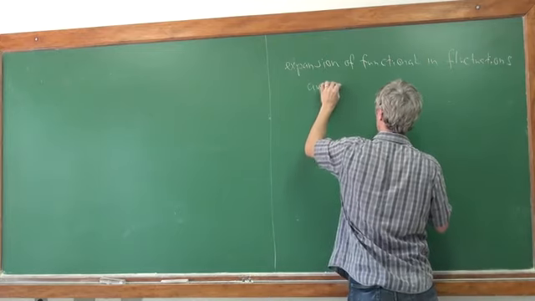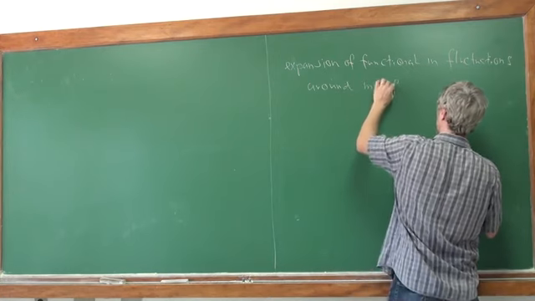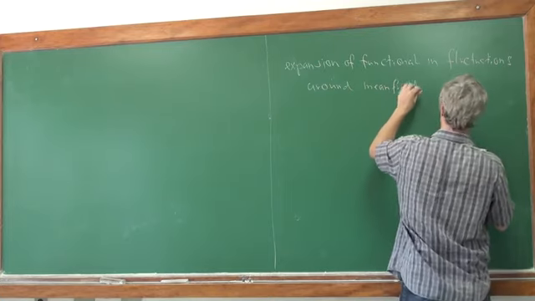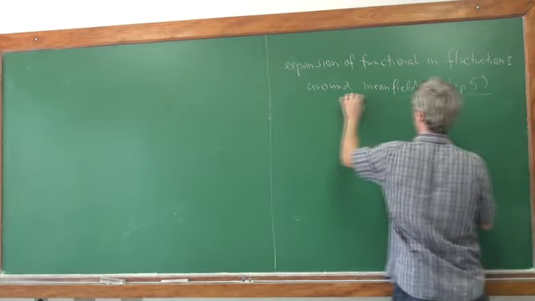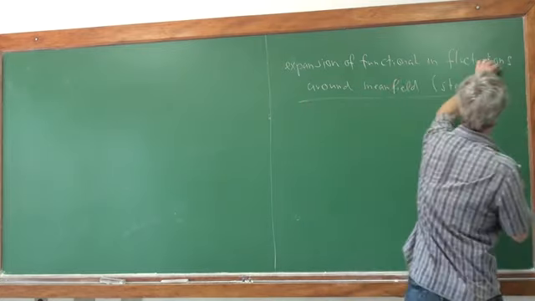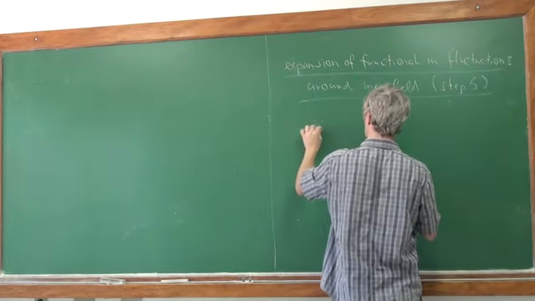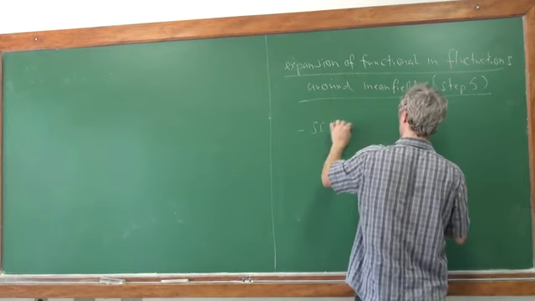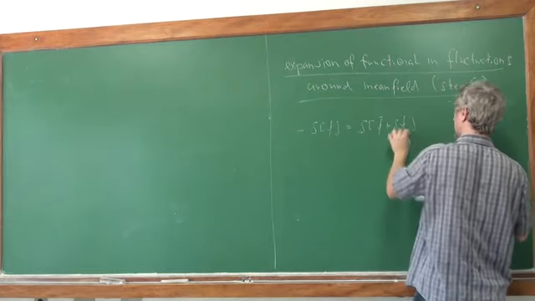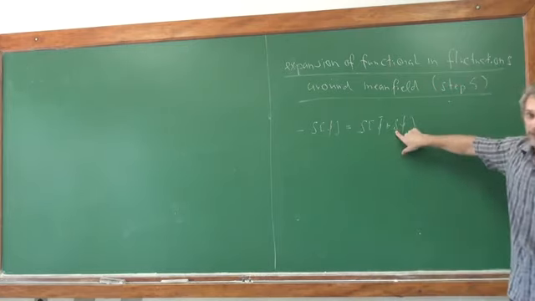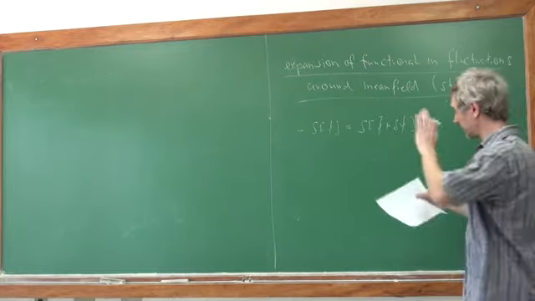So this is deriving the effective theory, which is the last step 5 in the program. Okay. So this would be: write S of phi as mean field plus fluctuations, and then derive an effective theory in the fluctuations.